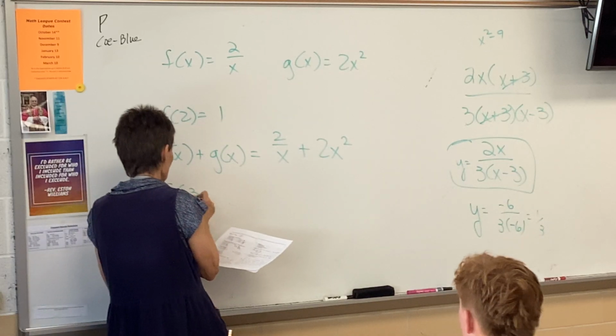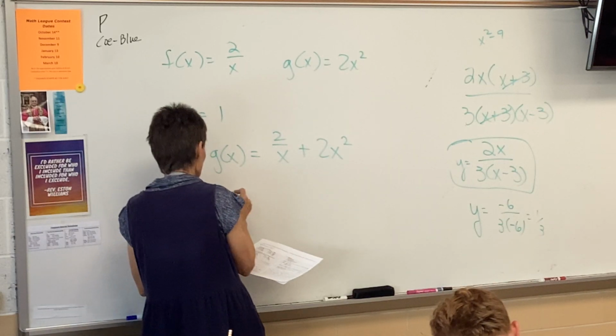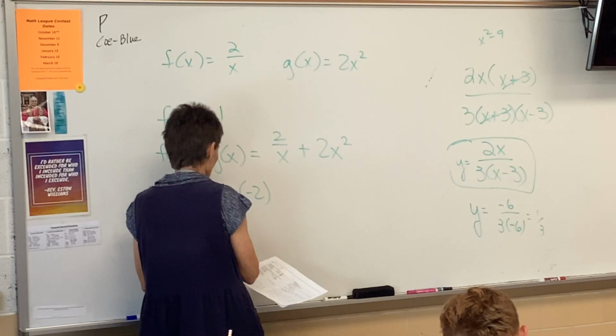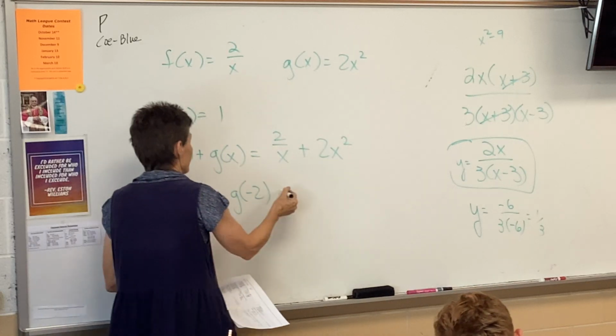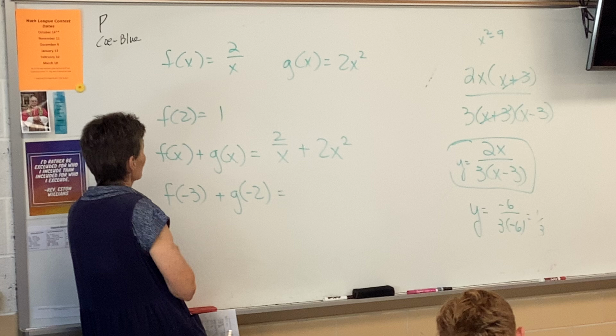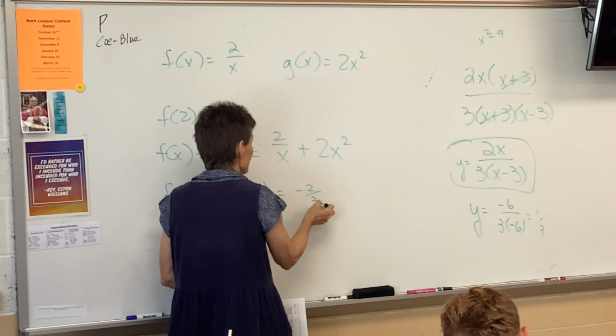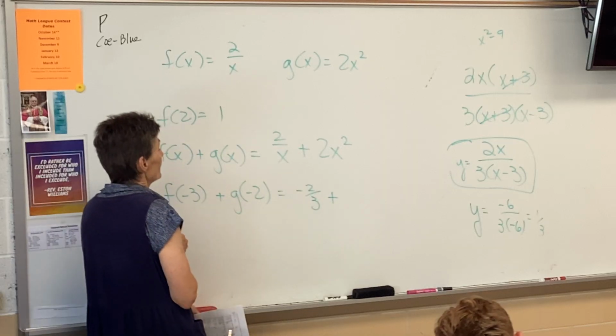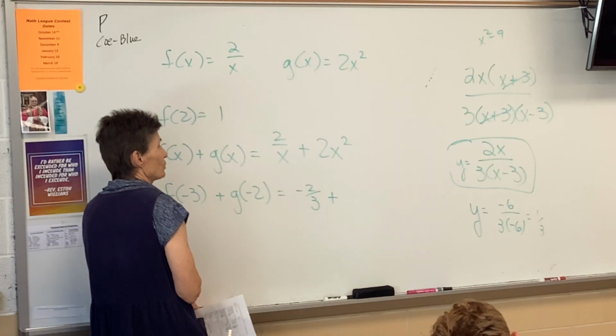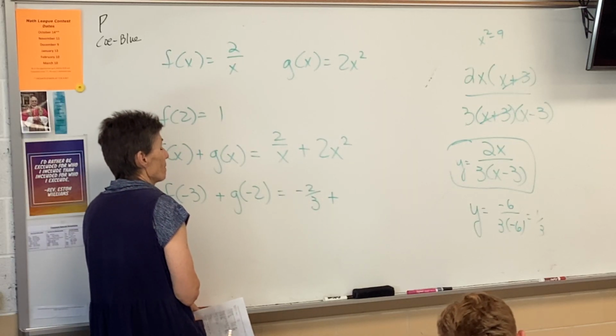F of -3 plus g of -2. All right, f of -3 is -2/3. And g of -2 is 8.